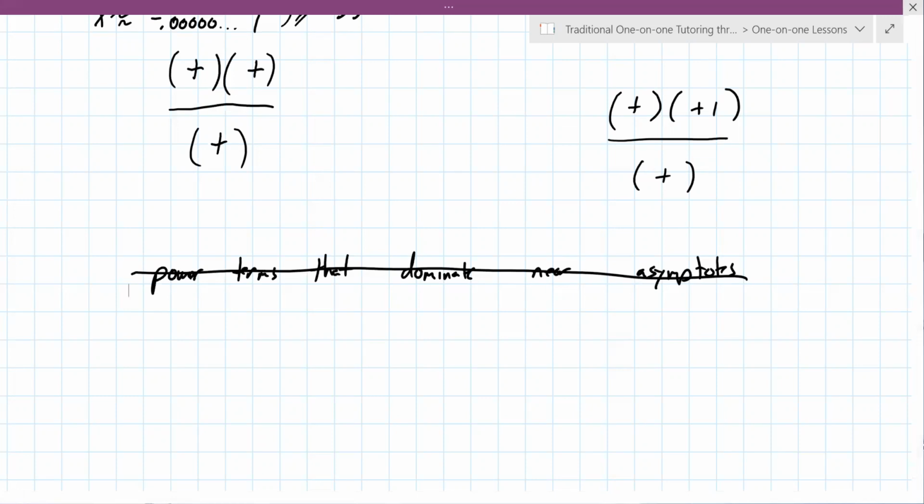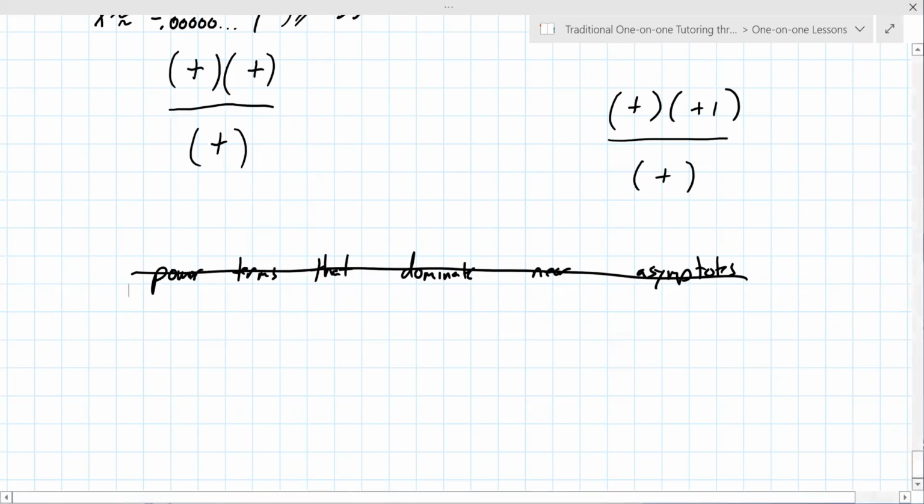Maybe we should do one that has a cancellation, because I think that will be a more likely case. Yeah, let's do that. Let's go with the limit as x approaches a number that I will tell you in a moment. Let's go x squared minus 9 over x squared minus 3x minus 2.